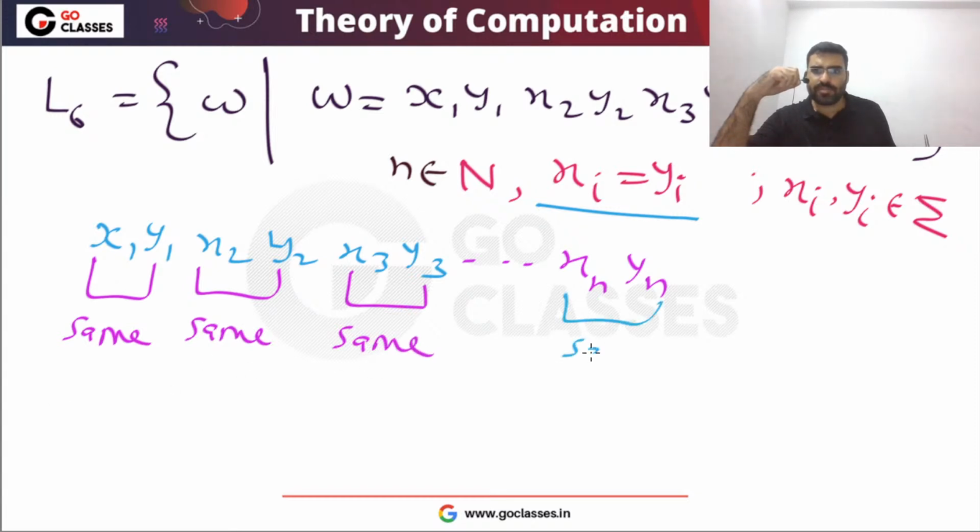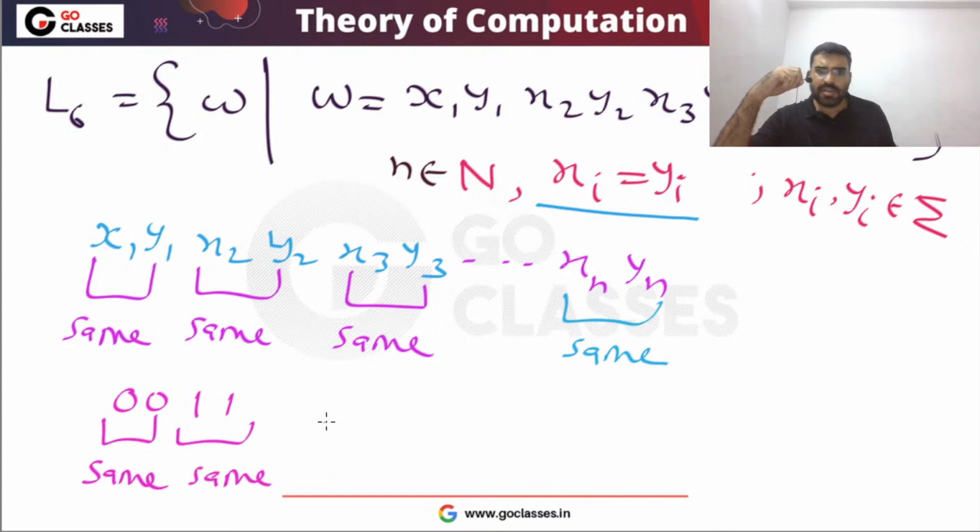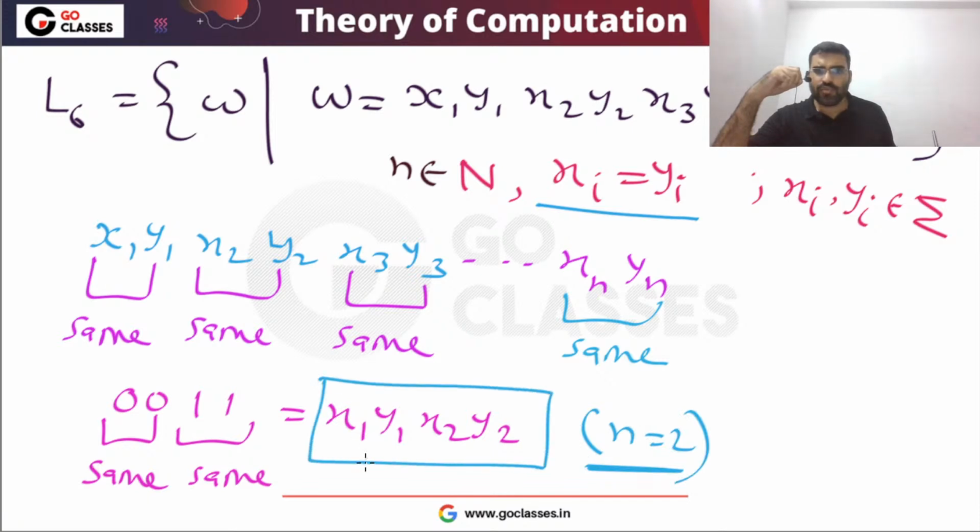So you can notice in 0011 these two symbols are same and these two symbols are same. I can write 0011 as x1 y1, x2 y2, basically taking n equal to 2. So finally 0011 is also in the language. Anyone has any doubt in this?